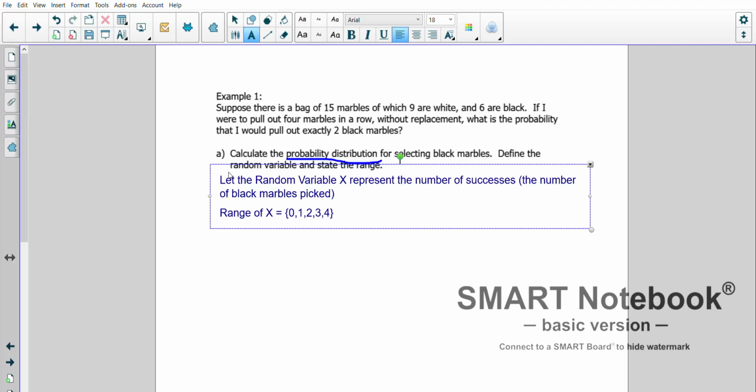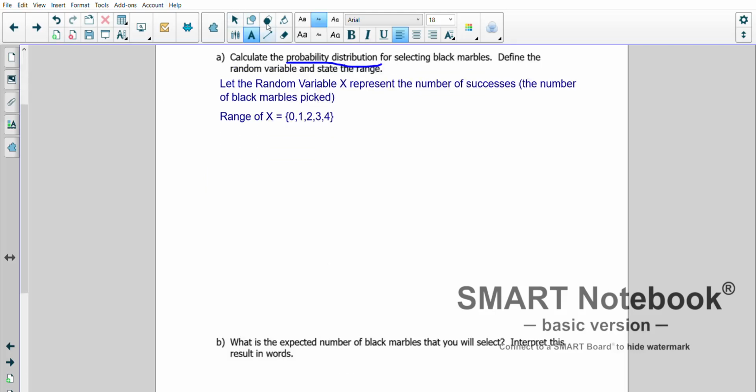of them being black. So any question that's asking for the probability distribution wants you to show the probability of all of these outcomes in the range. So that's what I'm going to do. I'm going to quickly set up a table here.